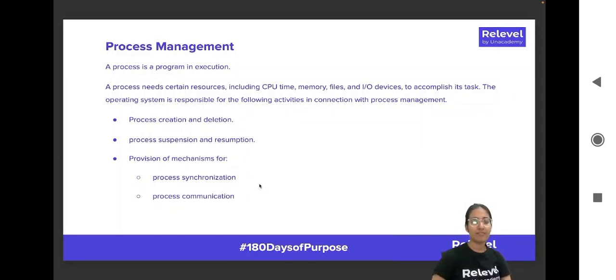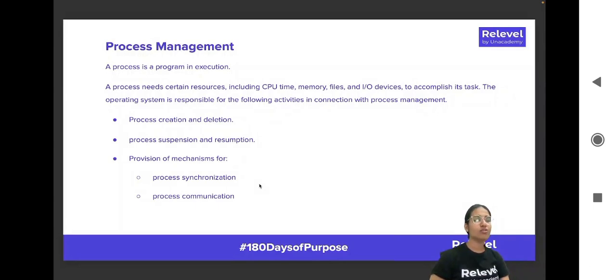And then it is also responsible for process synchronization. Process synchronization means that when we have so many processes available, all of them should be synchronized with each other in order to provide the final desired output, and to make sure that no process blocks each other. For that, we have process synchronization mechanisms available.